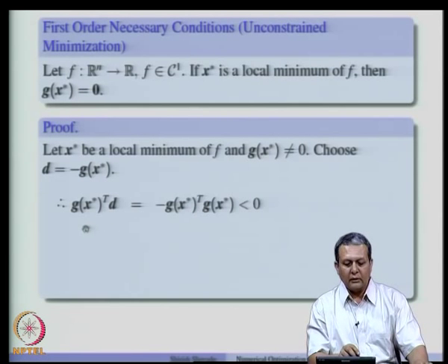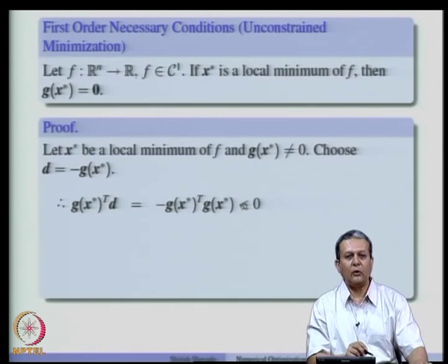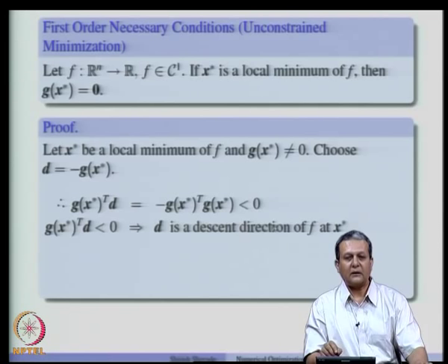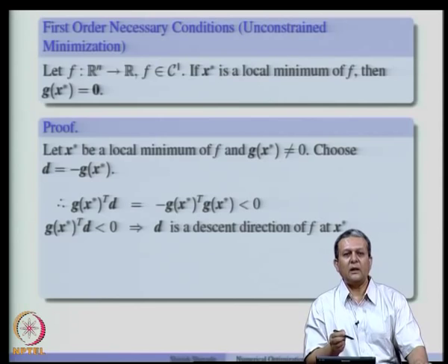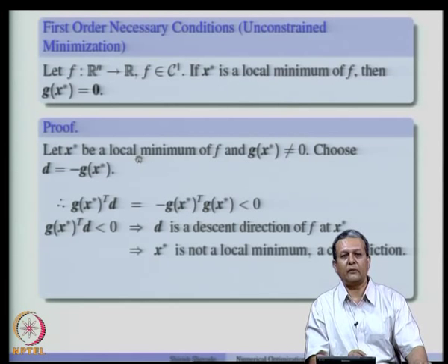Therefore, we have got a direction d such that g of x star transpose d is less than 0, which means that d is a descent direction of f at x star. So, if d is a descent direction of f at x star, that means from x star it is possible to make a small movement along the direction d and decrease the function f, which means that x star is not a local minimum, and that contradicts the assumption that x star is a local minimum of f.